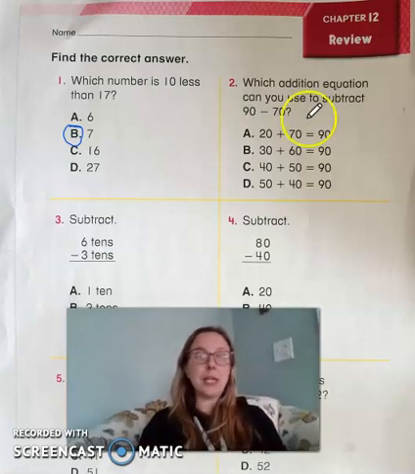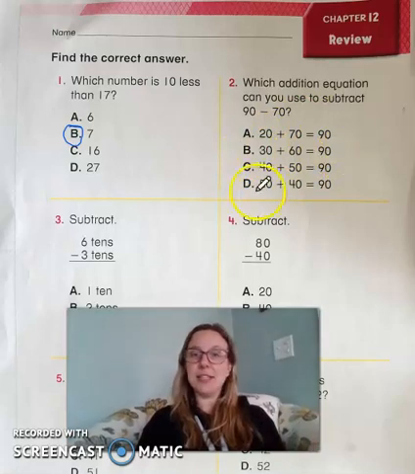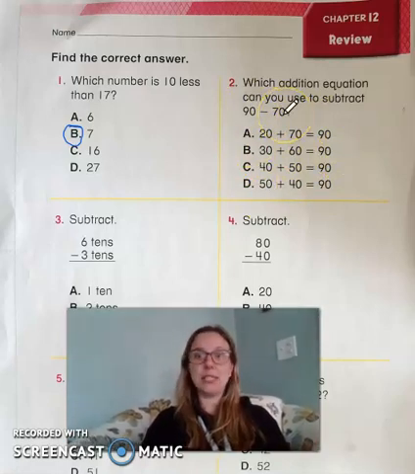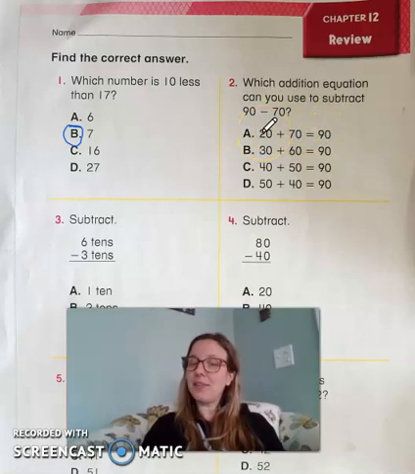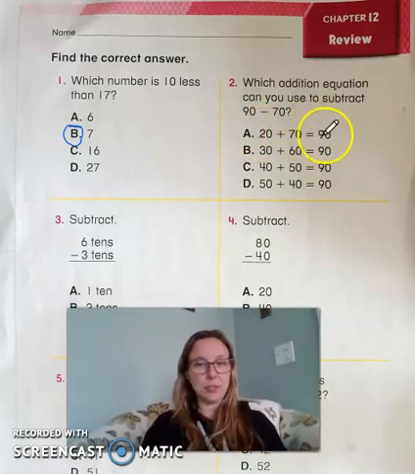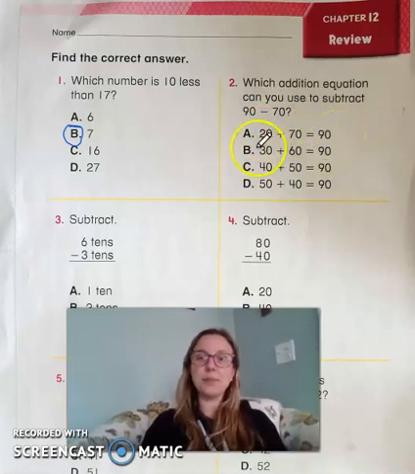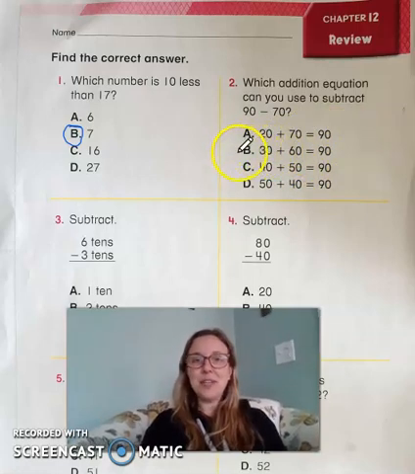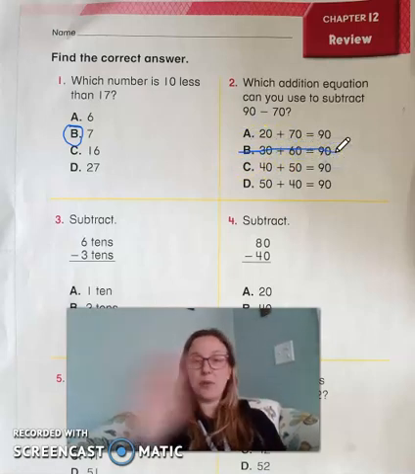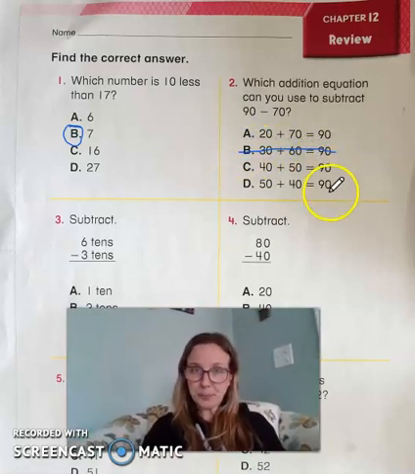So I can go through very quickly, and if it doesn't have a 90 and a 70 in it, I can cross it off. So for example, this first one has a 90 and a 70 and a 20. I don't know yet if that's correct, but it does have those two, so we're going to leave that one alone. The second one has a 90, but I don't see a 70, so it can't be B. So you can cross B off. That one you don't even have to try to solve.